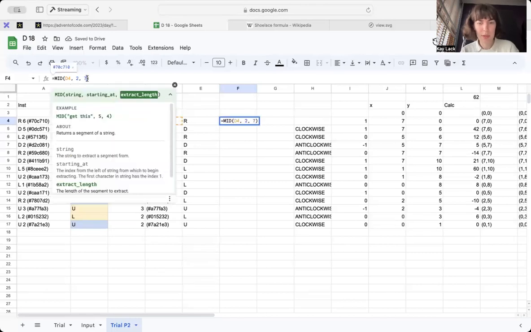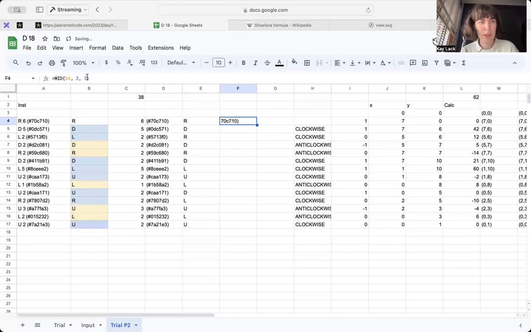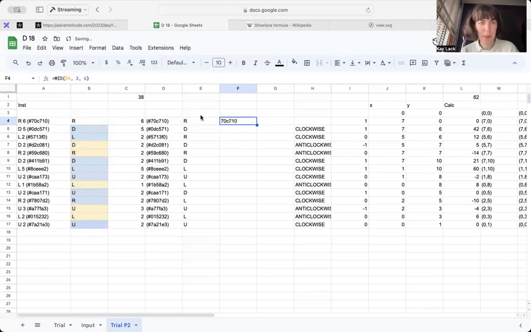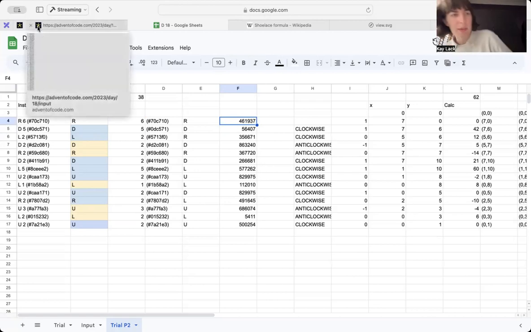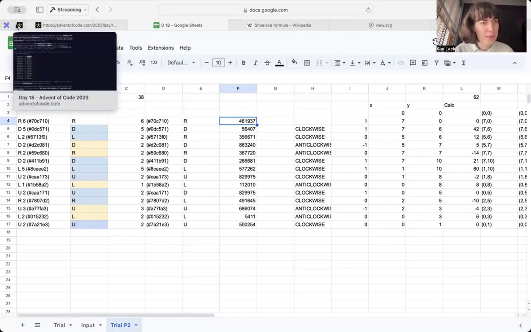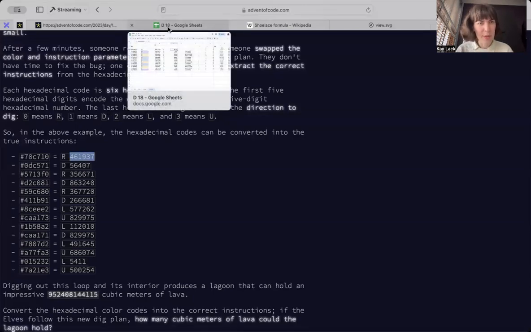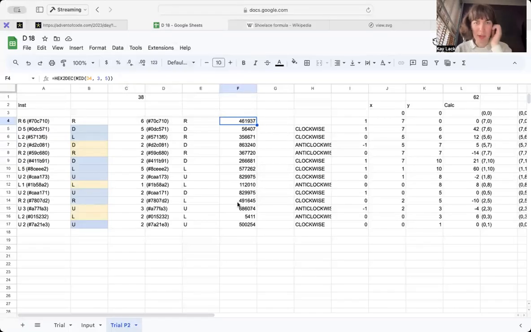There's actually going to be 6. We'll be starting at 3 and then going on to 6. Nope. 5. And then it's hex to dec to get this, which is okay. 937, 461, 937, 461, 937. Okay, perfect.